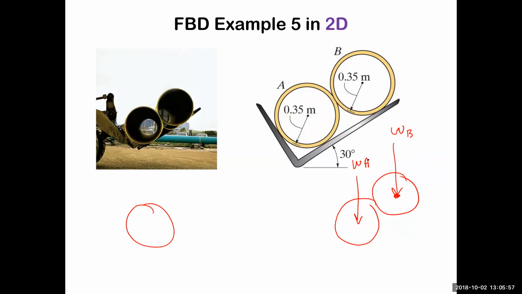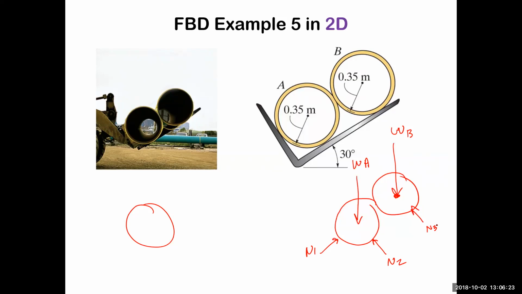Perpendicular normal forces acting from the surface of that fork towards the center of the body. They're actually contact forces, they're actually pushing. So there's a normal force for pipe A. Because there's actually two forces on this one, we're going to call these N1, N2, and N3.